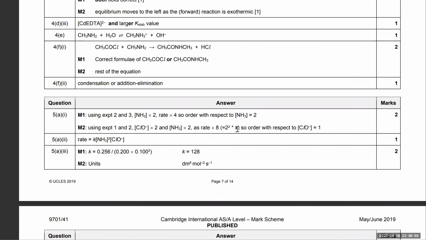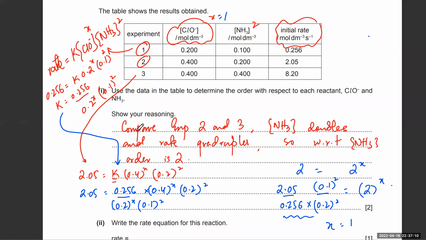Actually, they did kind of give marks for the working order, which came out to be 1 anyway. So in this case, they are actually giving you marks for the working as well. But a lot of times they don't actually. So even if it's just a 1 mark question, for finding the second order.